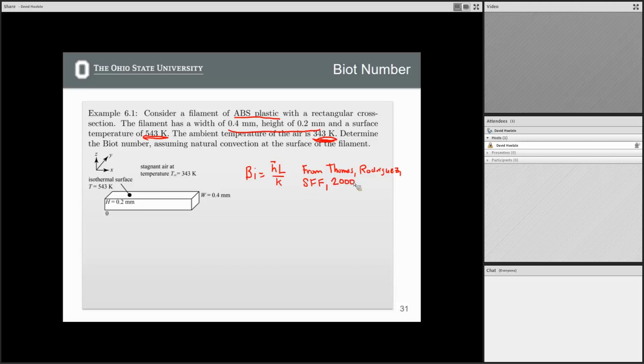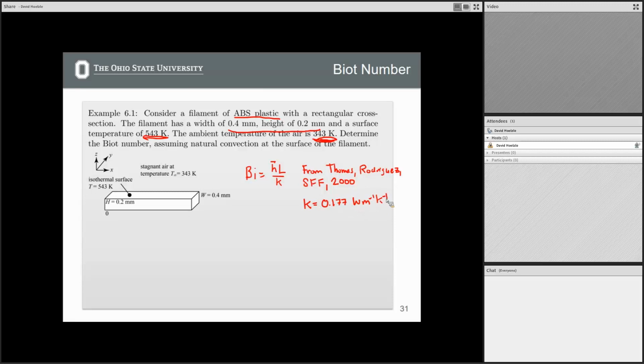This is a fairly old paper. And so they reported for ABS plastic a thermal conductivity of 0.177 watts per meter Kelvin.